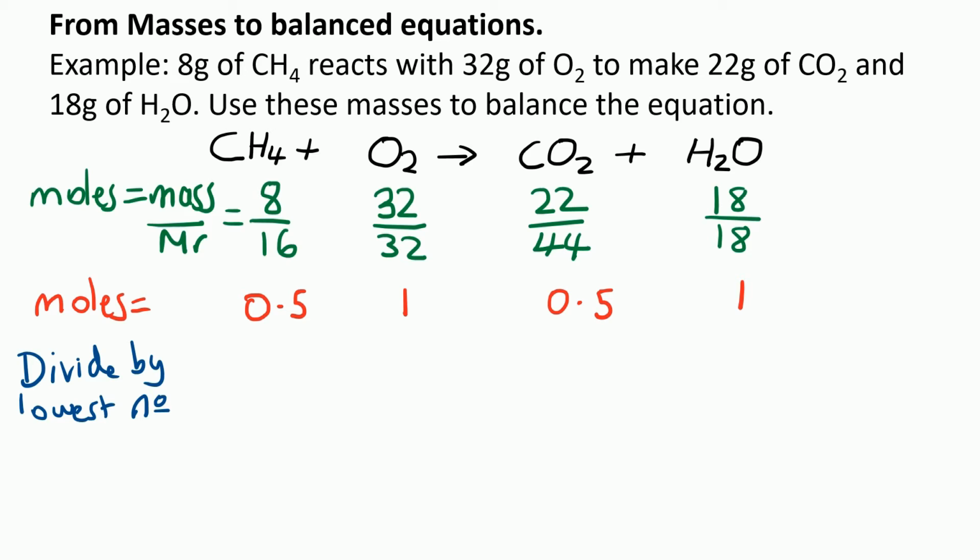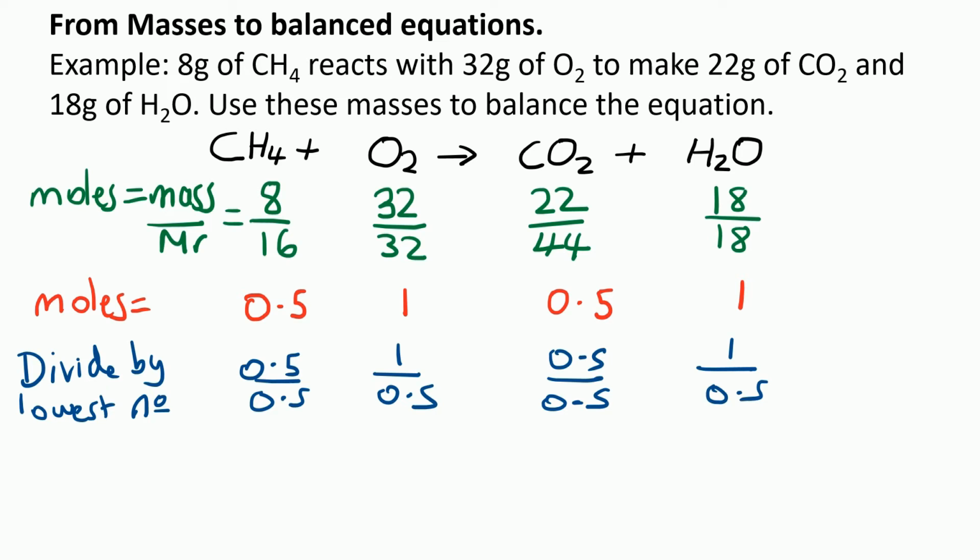So for CH4 we do 0.5 over 0.5, then 1 divided by 0.5, 0.5 divided by 0.5 and 1 divided by 0.5. So when we've worked out the moles, we've divided each one by the lowest number. And that gives us the lowest whole number ratio.